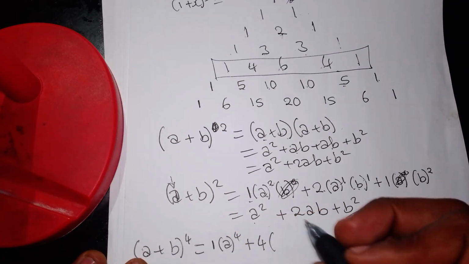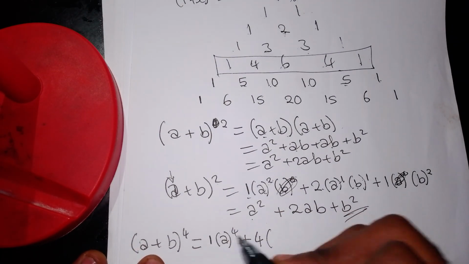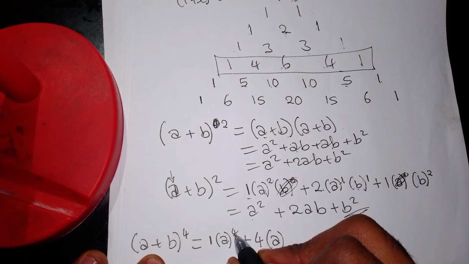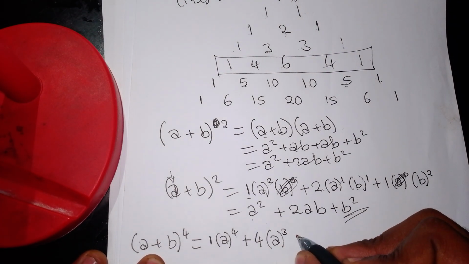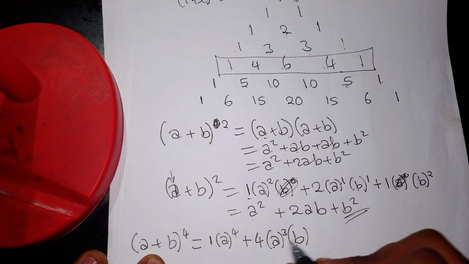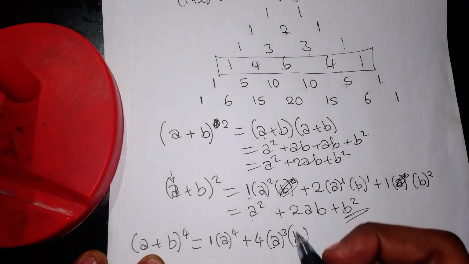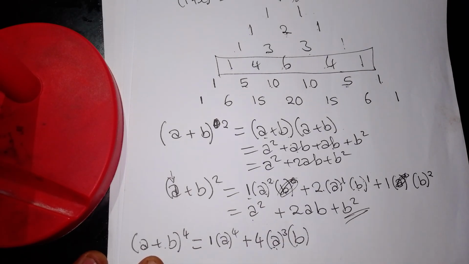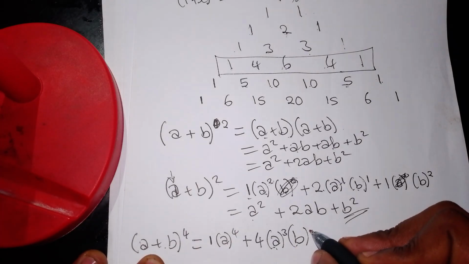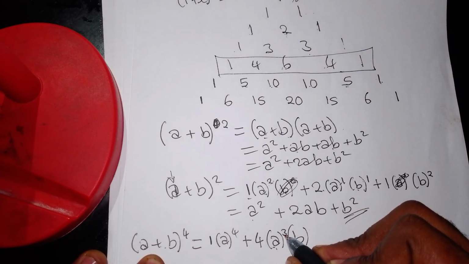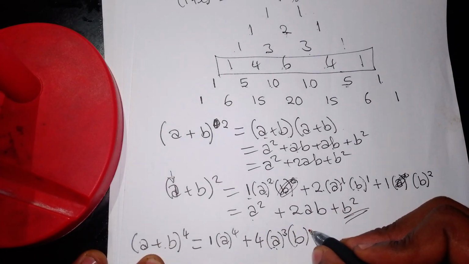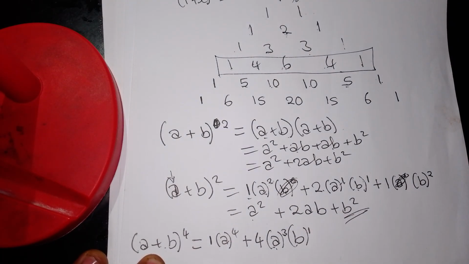And then the powers of a are reducing by 1. So this one will be a to the power, instead of having a 4, you have a 3. But remember, the sum of the powers for these two terms should always be 4. So since we have a 3 here, we need to find the number which when added to 3, you have a 4. So that number is a 1.